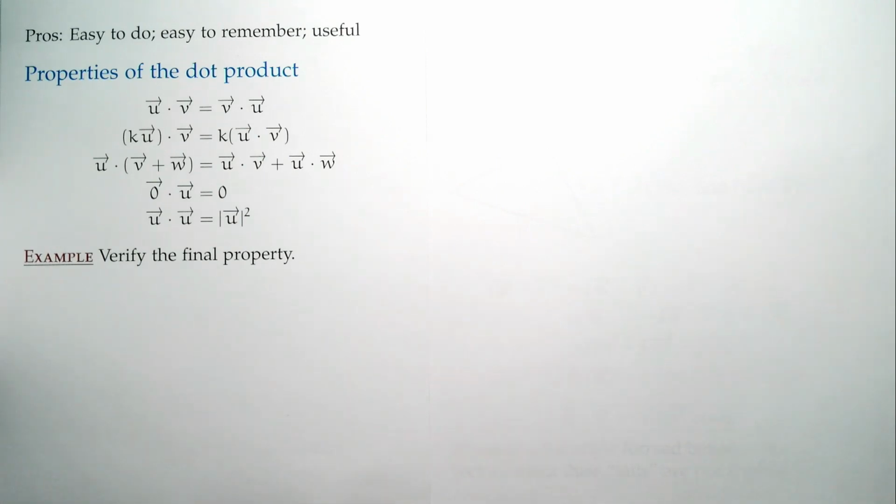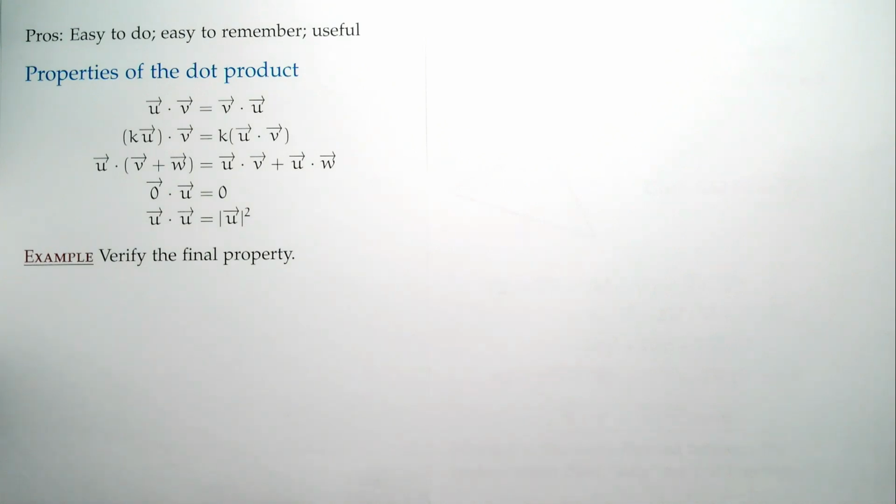And these properties are very easy to establish if you just go through and think about what happens entry by entry. So one thing that's nice is it doesn't matter what order you do your multiplication. u dot v, v dot u, same thing. You're going to get the same answer. Essentially why that's true is we're multiplying the entries and adding them up.